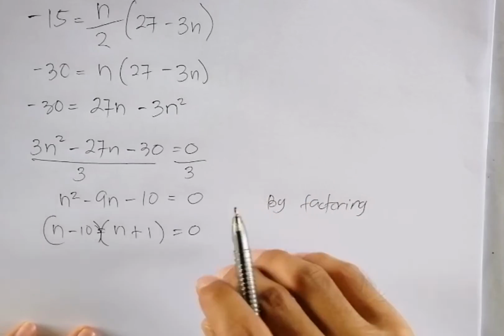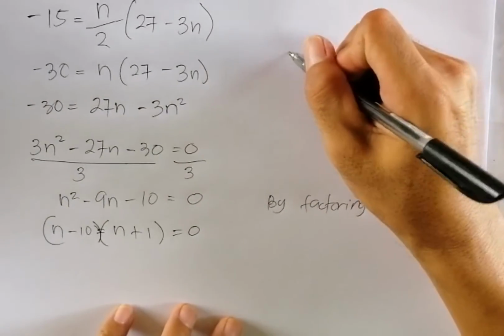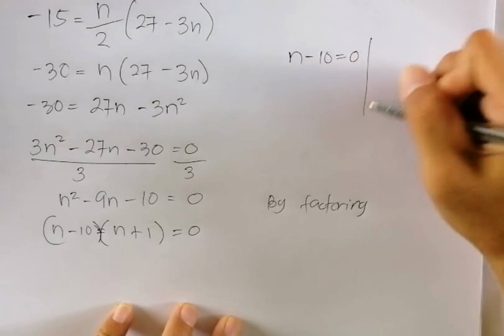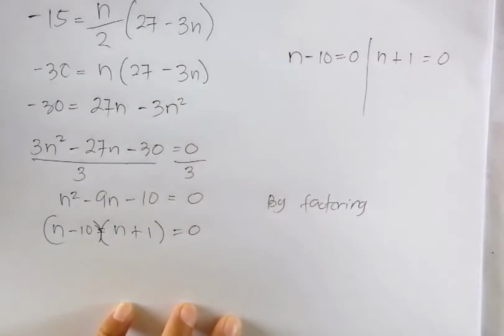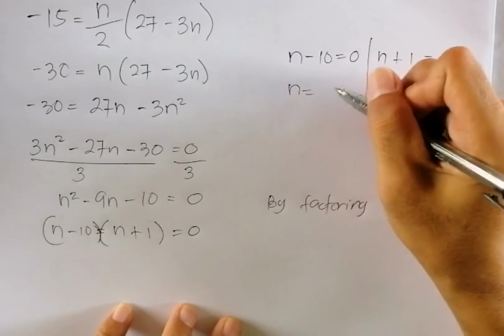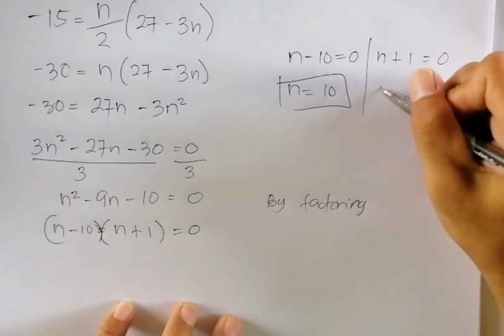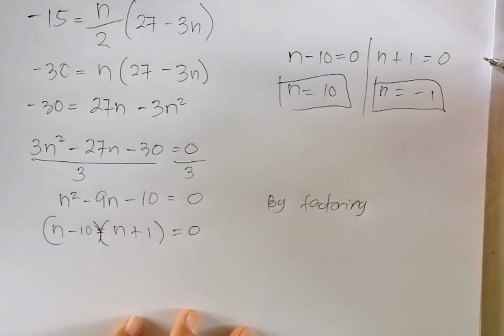So solve for n. We have n minus 10 is equal to 0 and n plus 1 is equal to 0. So n sub 1 is equal to positive 10. Then n sub 2 is equal to negative 1.